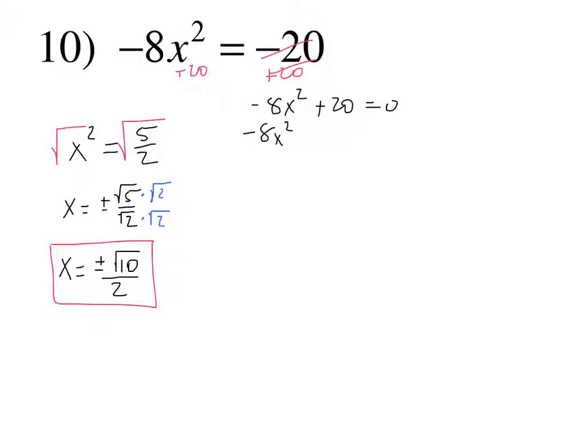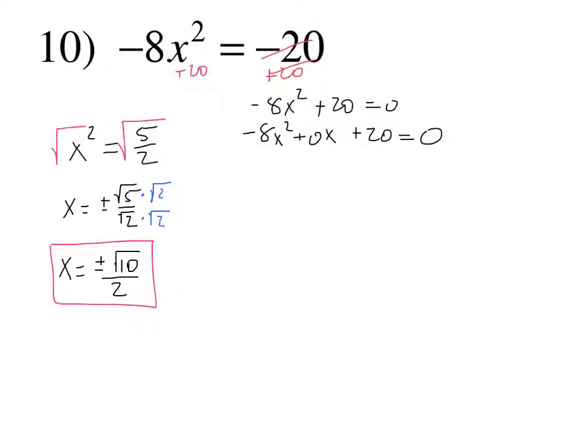Negative 8x squared plus 0x plus 20 equals 0. Okay? Well, now we can go ahead and use our quadratic formula. So our a is negative 8, our b is 0, and our c is 20.